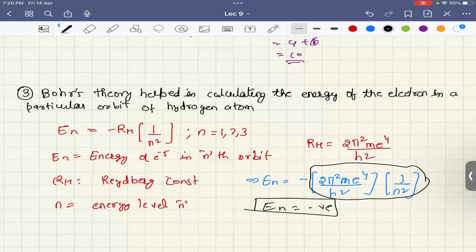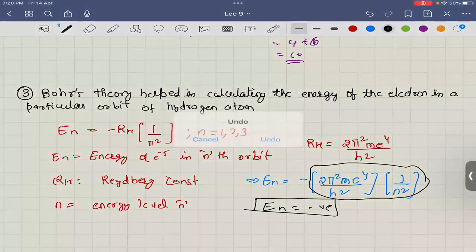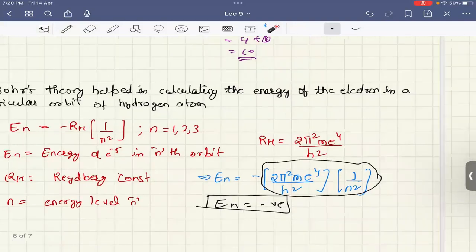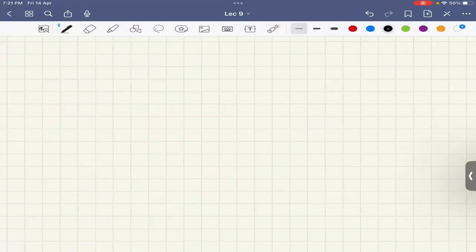Okay. So substituting the known values, we know the value of pi, 3.14. We know the mass of the electron. We know the charge of the electron. We know Planck's constant, right? So when we substitute the values, En comes out to be minus 2.18 into 10 raised to power minus 18 by n square joule per atom, right?